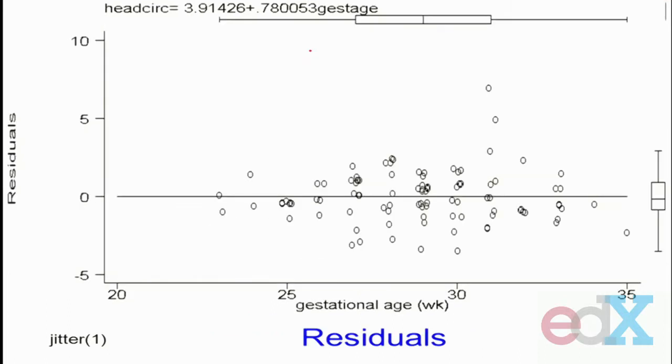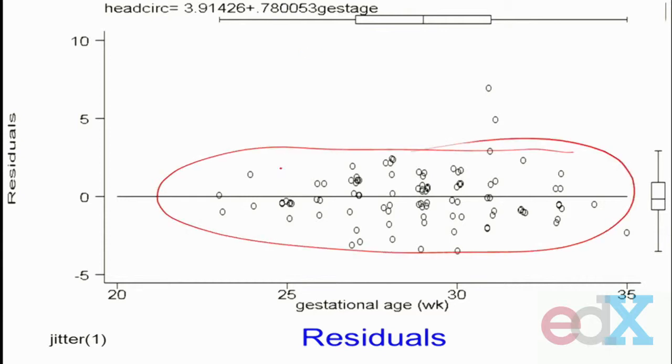Now, to reinforce this belief that the regression line was pretty good, and also to evaluate what our assumption of homoscedasticity meant, we can look at the residuals. And here they are, horizontally, and it looks like the standard deviation doesn't seem to vary too much with gestational age.